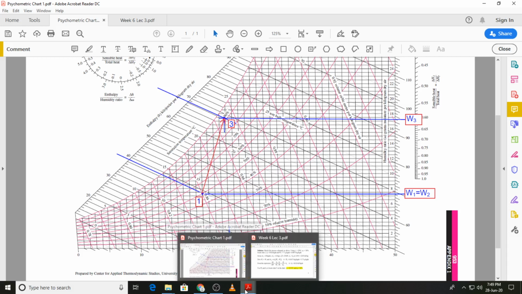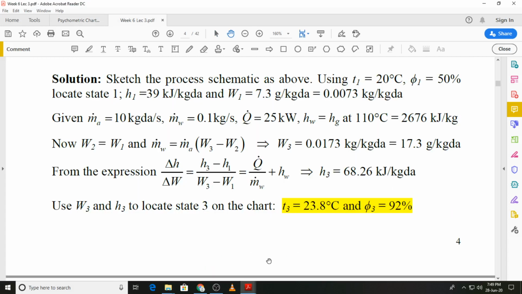Then we can use the equations that we have to find out the humidity ratio at state 3, because we are given the mass flow rate of dry air which remains constant throughout, and the mass flow rate at which steam is injected.